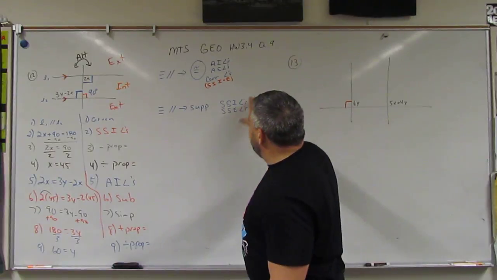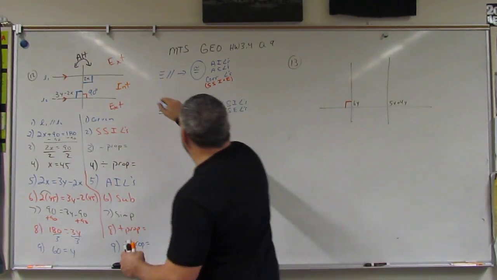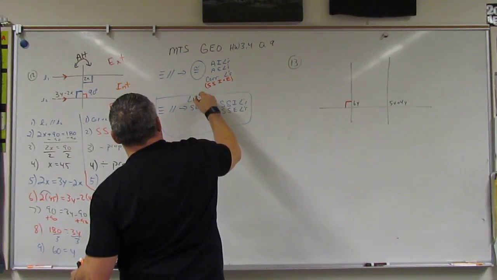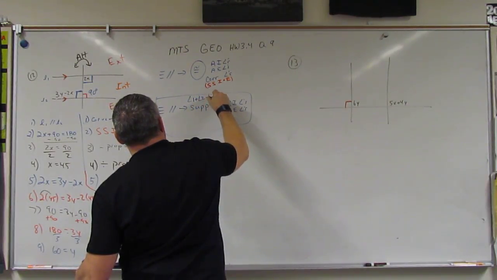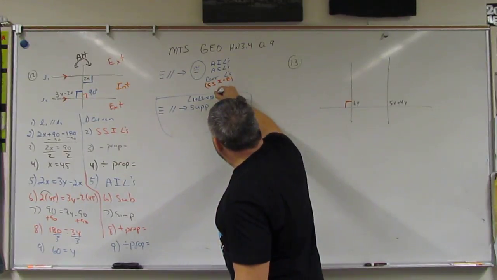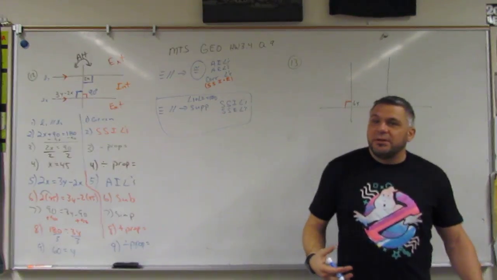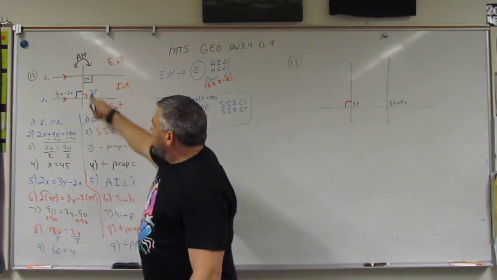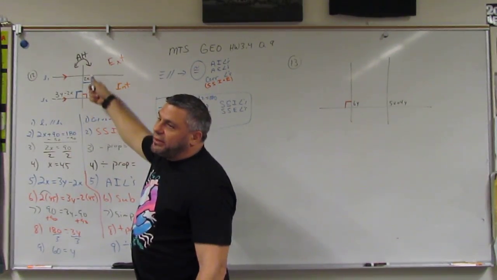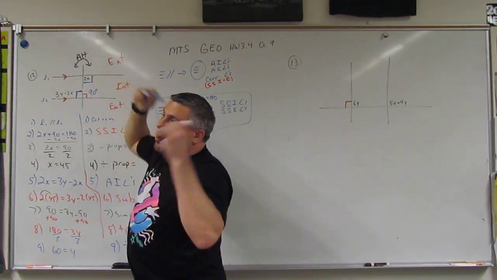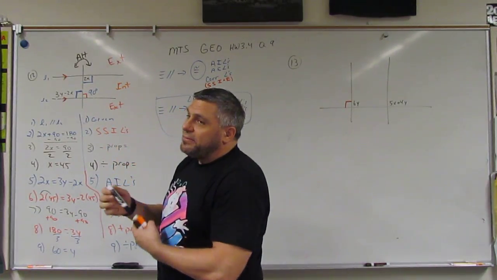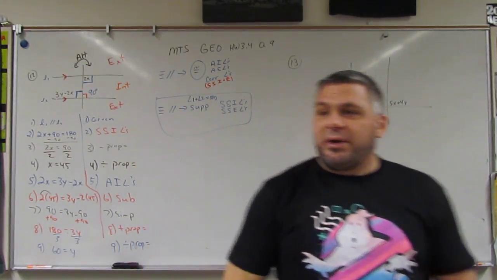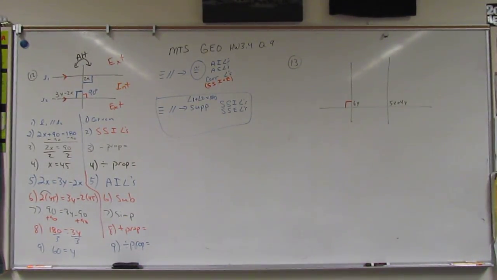So, because of this rule right here, angle 1 plus angle 2 equals 180. That's what supplementary is. So whatever angles we're talking about, when they're same side interior or same side exterior, they're going to be supplementary. Does that make sense? Okay.